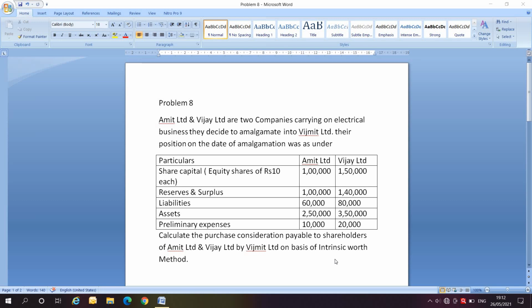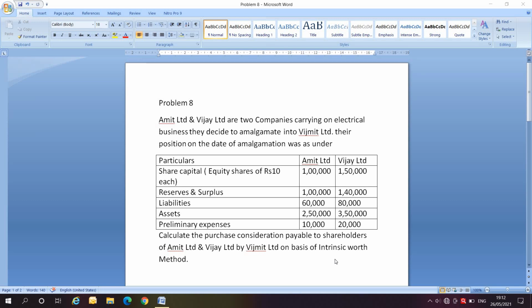We have already studied this in our previous class. In the previous problem they had clearly given us the intrinsic value, so the problem was easy to solve. We used a very simple formula to calculate purchase consideration under the intrinsic worth method.